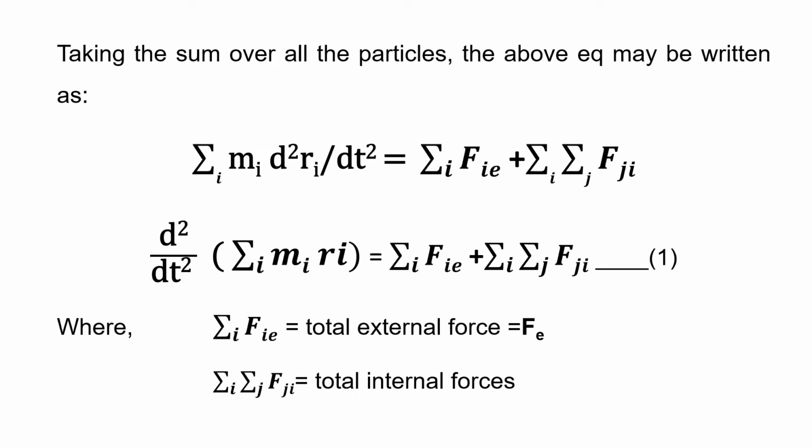Taking the sum over all the particles, the above equation may be written as we are dealing with the summation of particles for the system of particles. So we have to take the summation for the whole system.